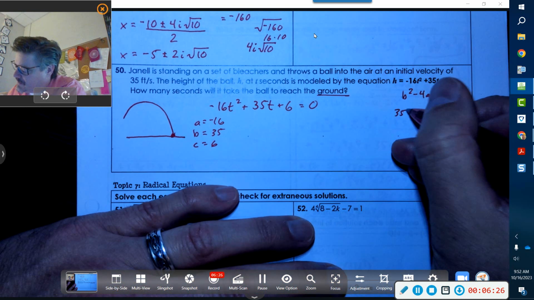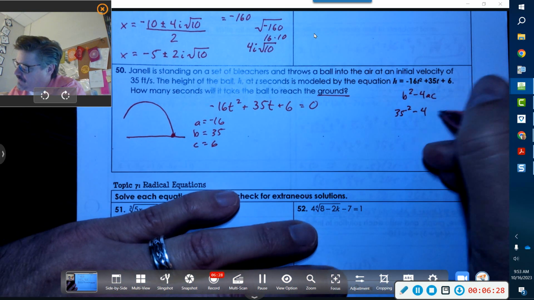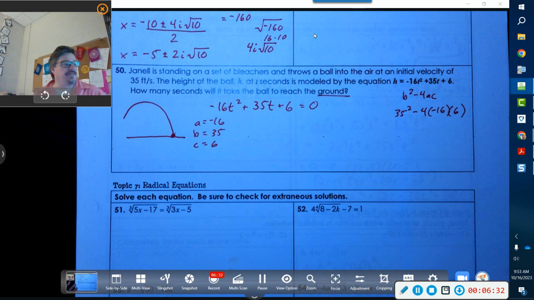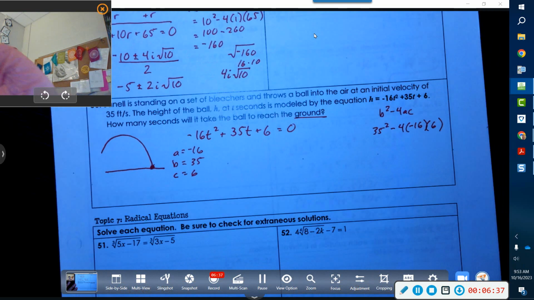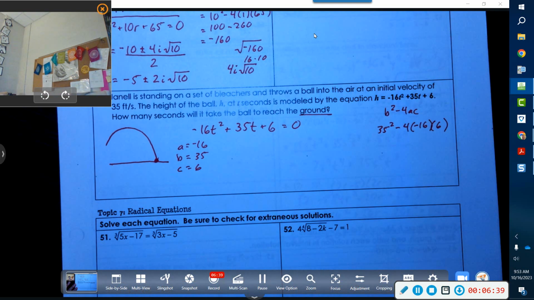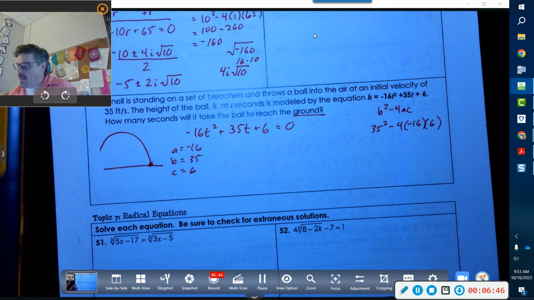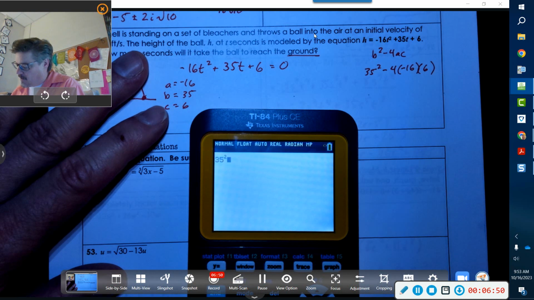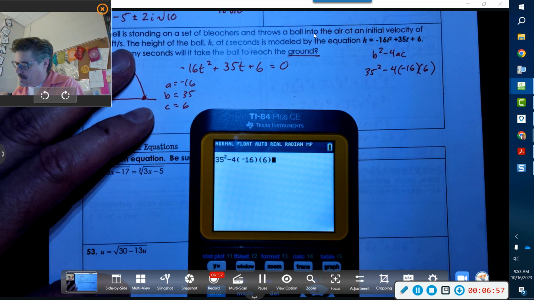So 35 squared, big number, minus 4 times A times C. Now I definitely need a calculator for that one. Alright, so let me grab it. So I'm going to type it in exactly as I see it. 35 squared minus 4 times A times C, which is 6.